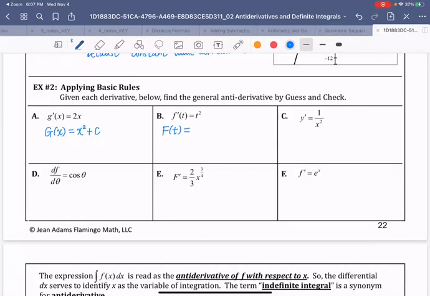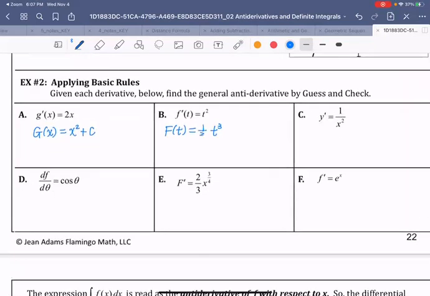You want to try t cubed, right? But you want to put a 1/3 in front, correct? Okay, that's the trick. I'm going to teach you this trick.